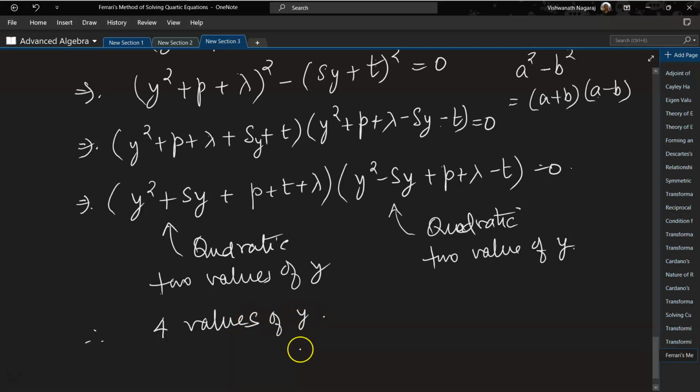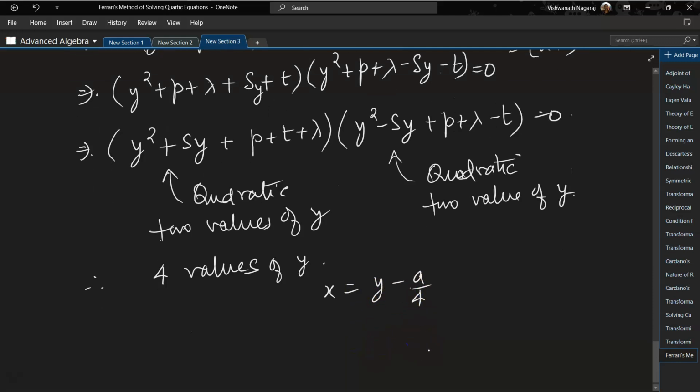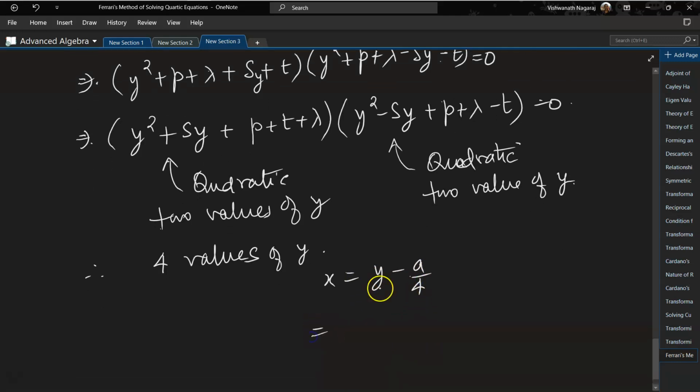Remember, initially when we were reducing the equation, we said x is equal to y minus a by 4. Yes. So what we do is we have got the y, we know the a, so we get four values of x. So therefore the roots are found.